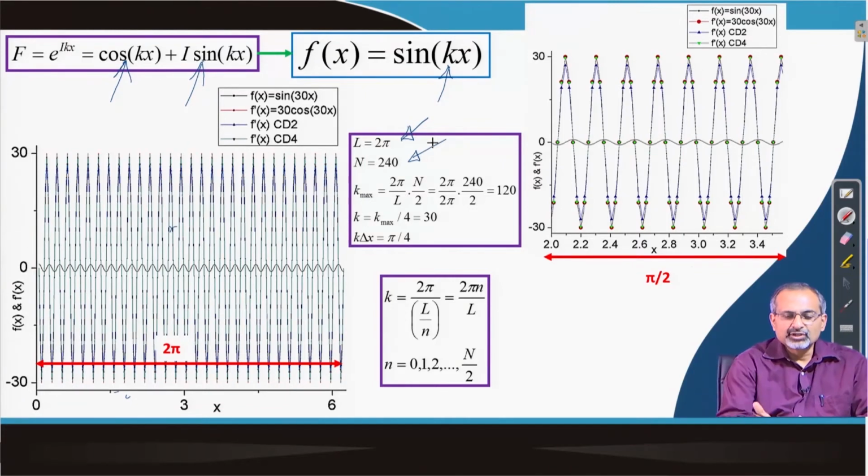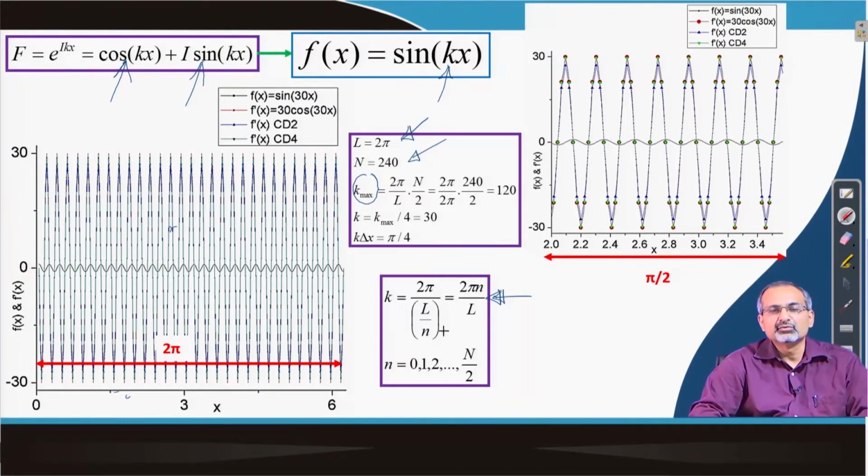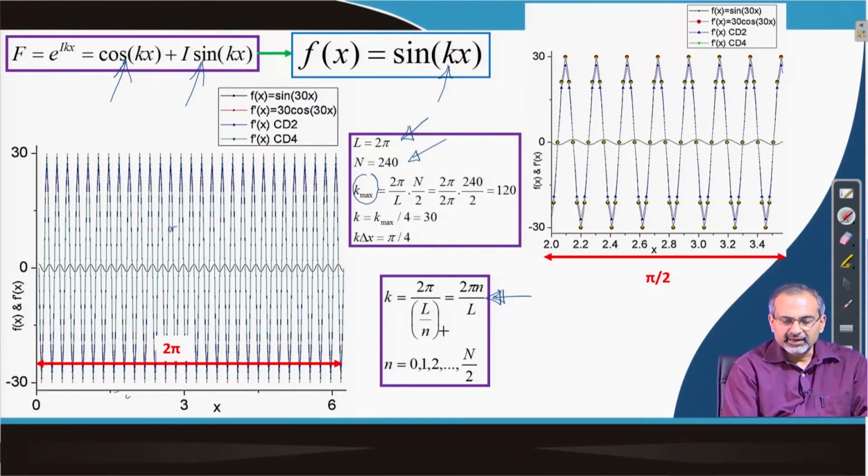And then if you do that, you remember from the definition of the maximum wave number that you can entertain in that kind of a discretization, going by the basic definition that wave number is nothing but 2 pi by lambda, where lambda is the wavelength of the wave that you are accommodating. That wavelength can be changed based on the values of small n that you are choosing.